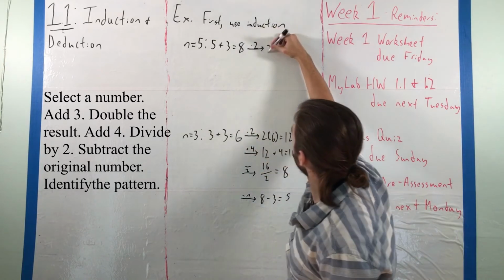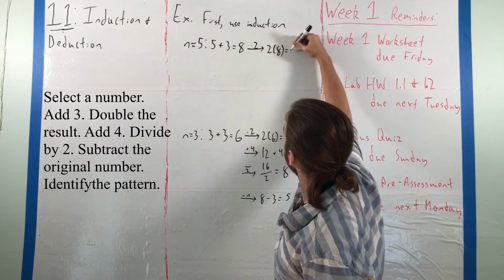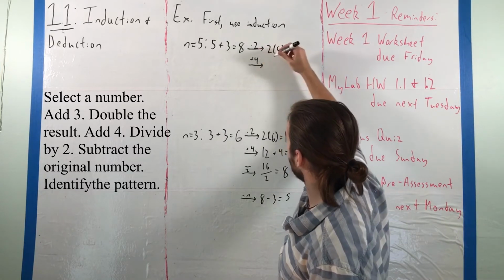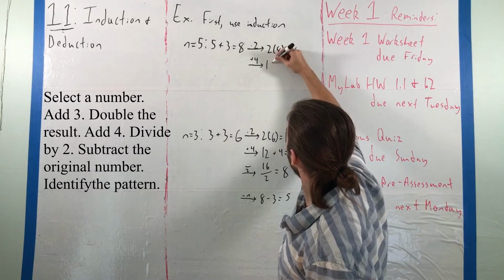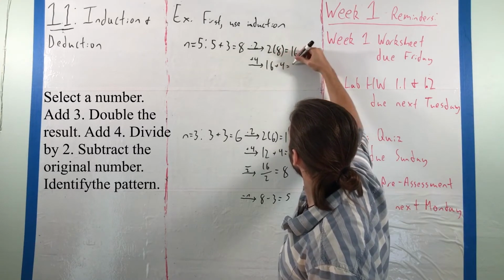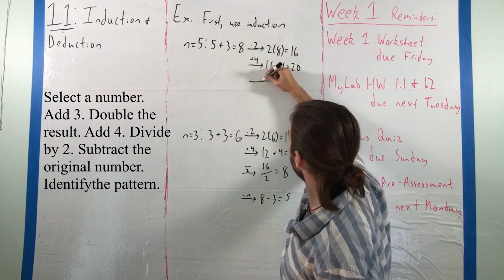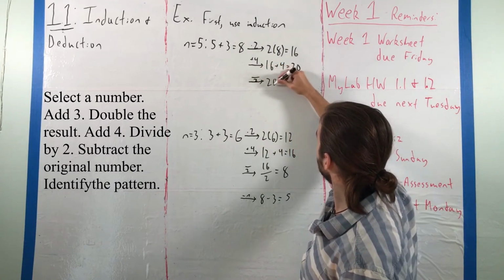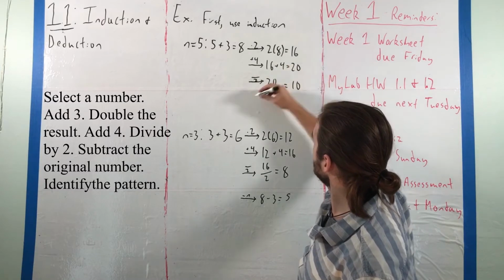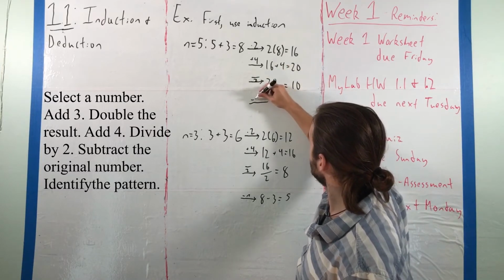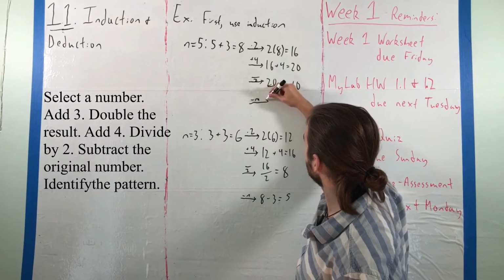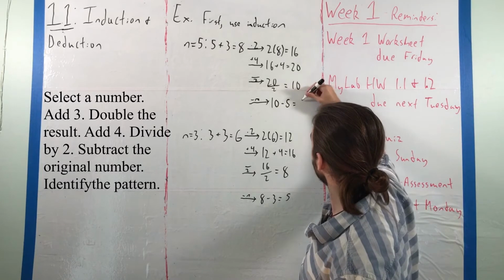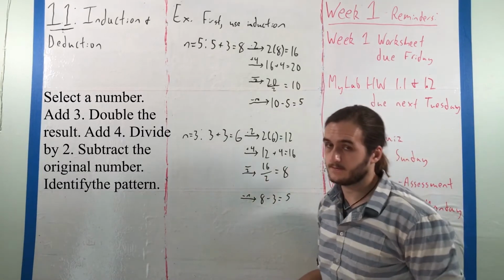Then you multiply by 2. 2 times 8 gives 16. Add 4. 16 plus 4 gives us 20. Divide by 2. 20 over 2 equals 10. And subtract n means subtracting 5. 10 minus 5 is equal to 5.